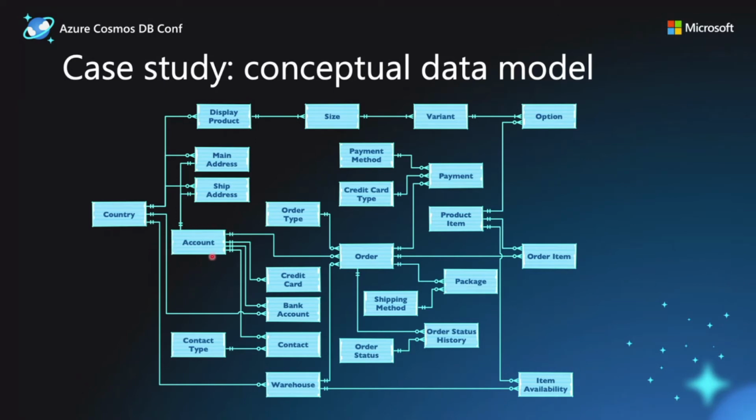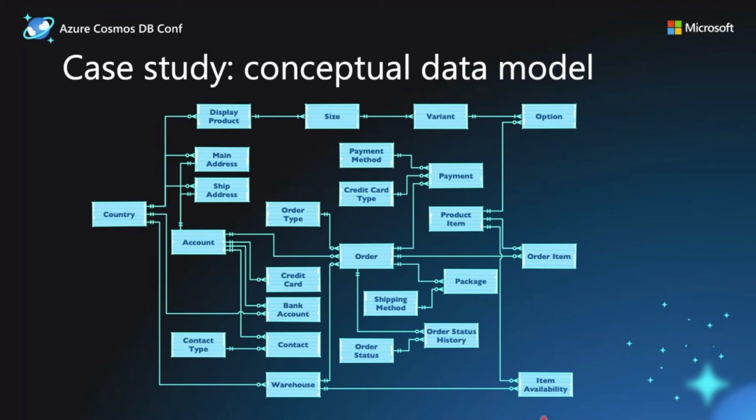And if you're talking about a customer, there is a lot of different information related to the account, like its addresses, credit cards, bank accounts, contact information. And also, what is important, any e-commerce business is selling some goods or products or items. So each order item is bound to some product item, and each product item is stored in some warehouse.